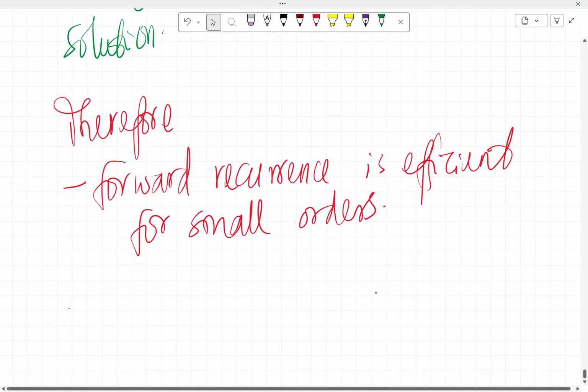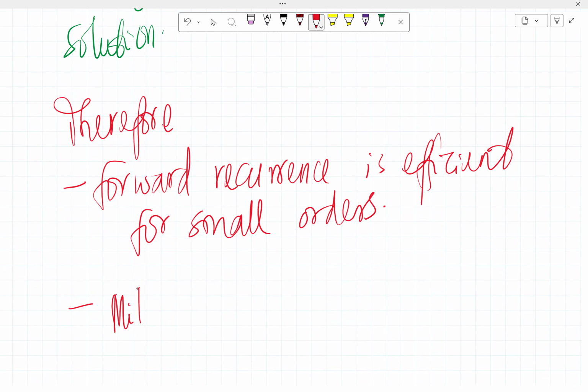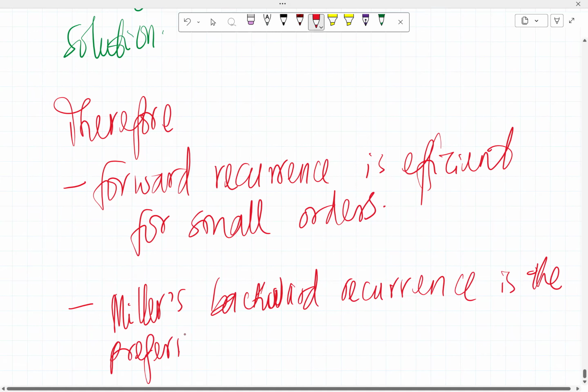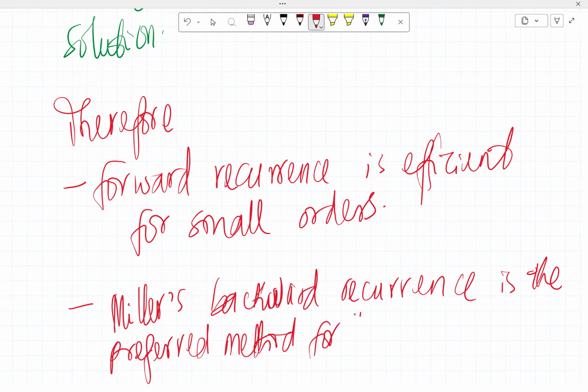Secondly, Miller's backward recurrence is the preferred method for large orders.